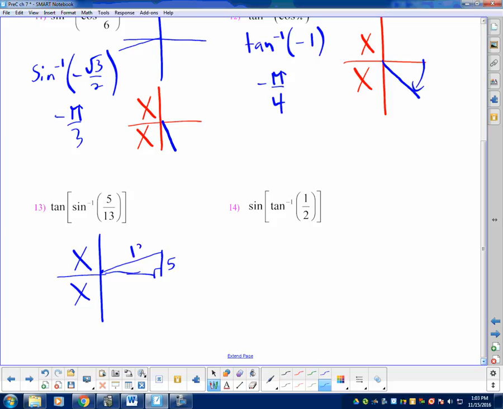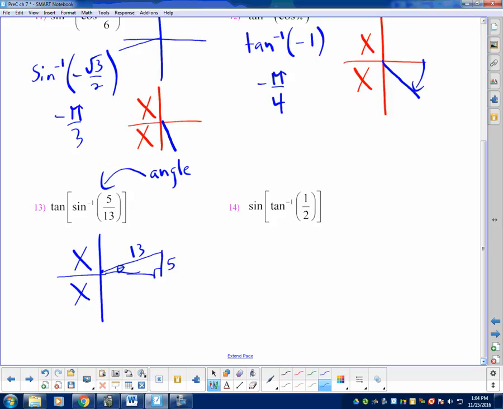So the radius is 13, or the hypotenuse of the right triangle is 13, and the opposite is 5. My angle theta is over here. Before I can do this, you have to understand this is an angle. And so I'm asking for the tangent of a specific angle. That arc whose sine is 5 over 13 is an angle or arc.